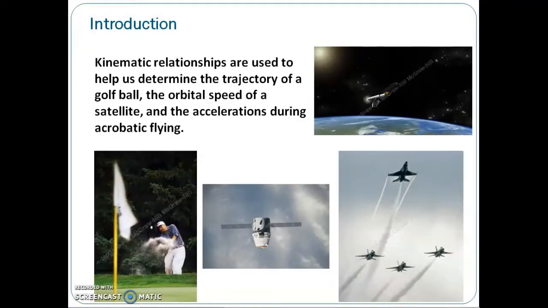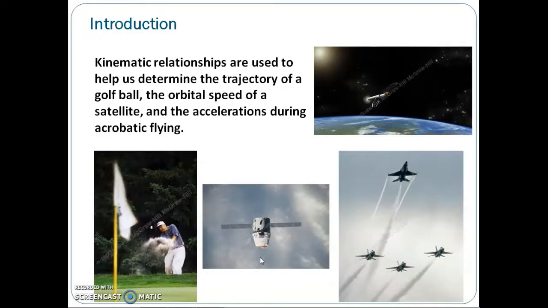Let us have a look at why we are studying kinematics of bodies, here referred to as particles. Kinematic relationships are used to help us determine, for example, the trajectory of a golf ball, the position of the golf ball over time, how it moves, the orbital speed of a satellite over time, and the acceleration during acrobatic flying.